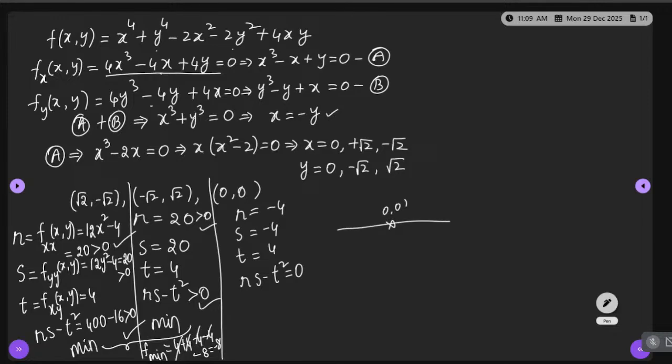At the point 0, 0, neighborhood, minus 0.1 on the left and 0.1 on the right.